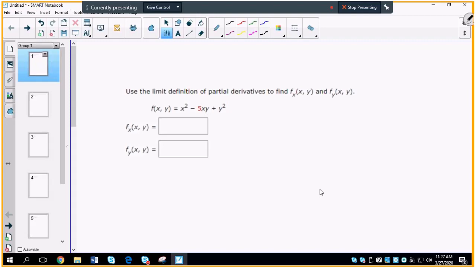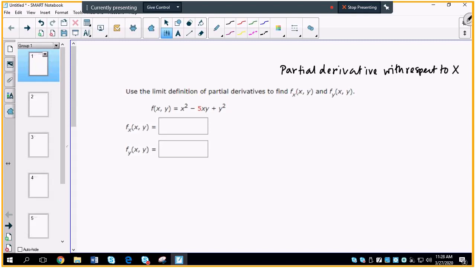So what we will end up doing is we're going to take derivatives with respect to each of these independent variables. For example, in my first function, I'm asking you to use the limit definition of partial derivatives to find f sub x, x comma y and f sub y, x comma y, where f sub x, x comma y means it is the partial derivative with respect to the independent variable x.